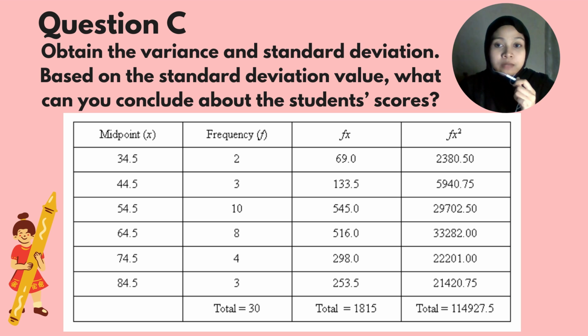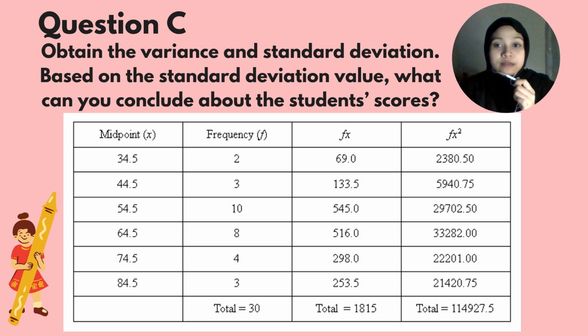To do that, we have to draw a table and add 2 additional columns, which are fx and fx squared, where f stands for frequency and x stands for midpoint. This is because those 2 columns will be used in the equation of variance.